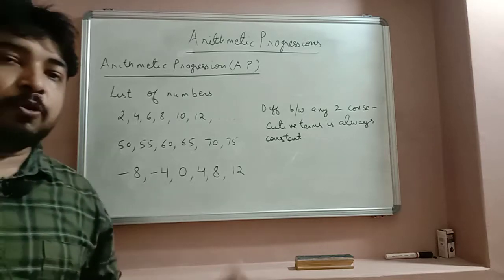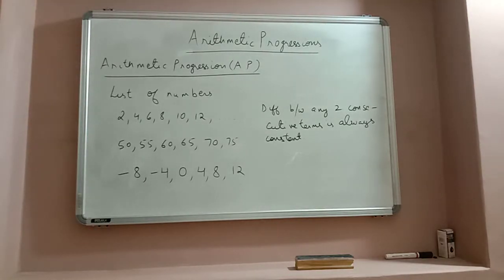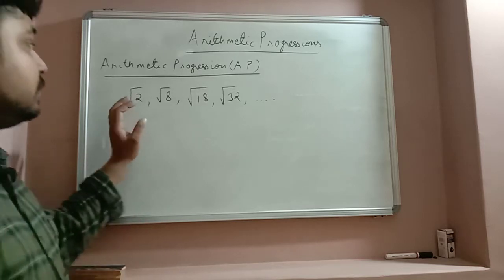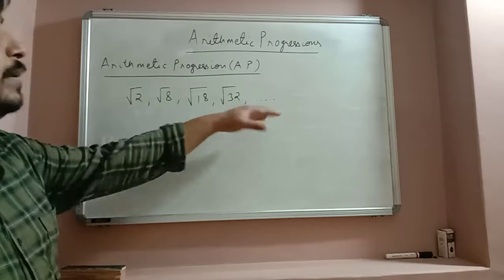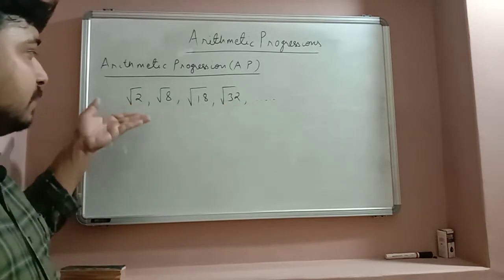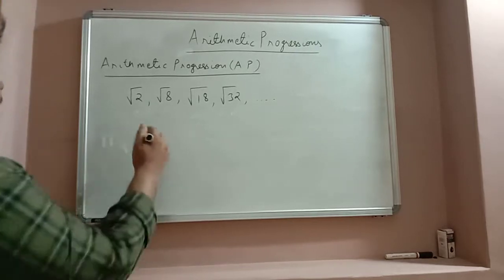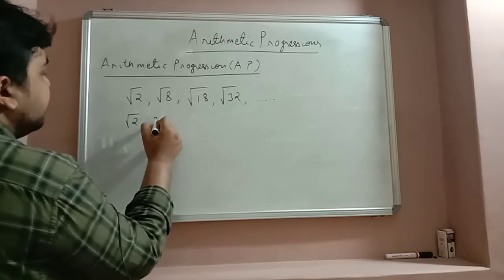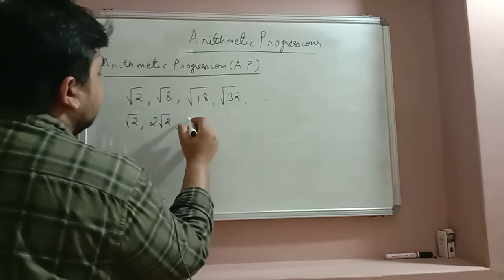Now let's see some more examples of an arithmetic progression. Alright students, let's take up this sequence of numbers. The numbers are root 2, root 8, root 18, root 32 and so on. Let us simplify these surds first. This will be root 2 itself. Root 8 can be written as 2 root 2. Root 18 can be written as 3 root 2.